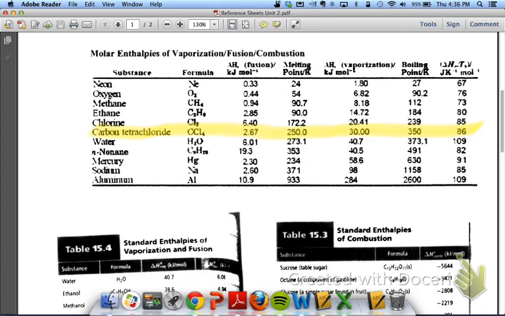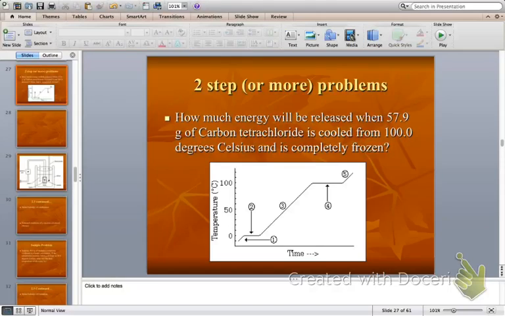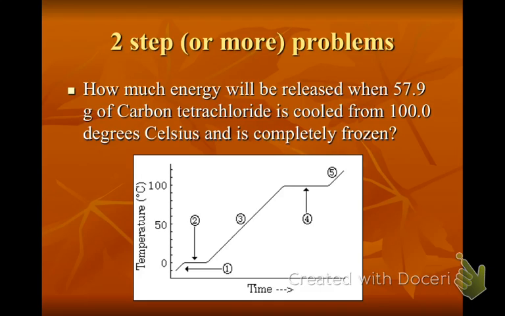So I'm going to go back to my time temperature chart and write that in. So this point right here, point 4, is going to be not at 100 degrees like it is for water, but this is actually going to take place at 350 K. And then its melting point down here is at 250 K. Okay, so these numbers just are only relevant to water.